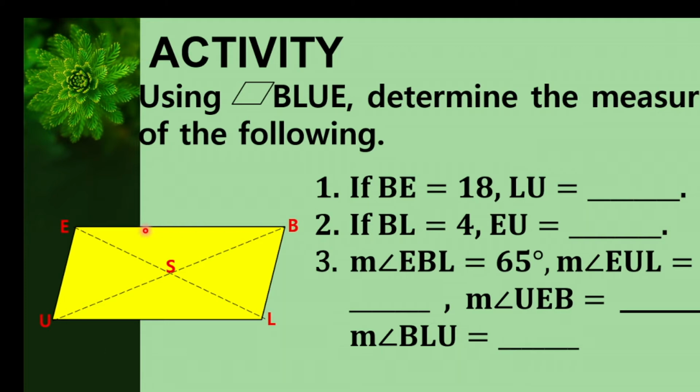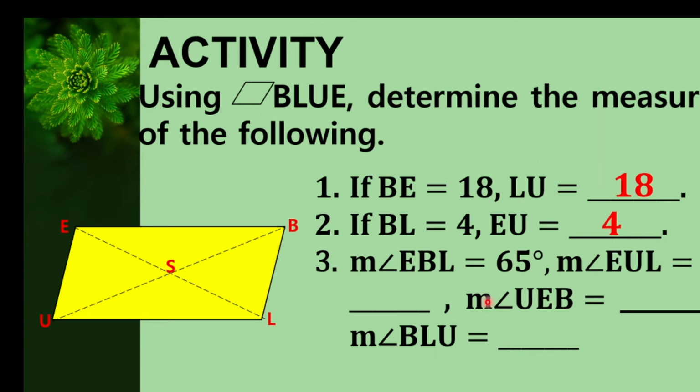Therefore, if BE is 18, LU is also 18. Next, if BL is equal to 4, EU is equal to blank. Again, segment BL and segment EU are a pair of opposite sides. Therefore, they are congruent. So, if BL is 4, EU is also equal to 4.